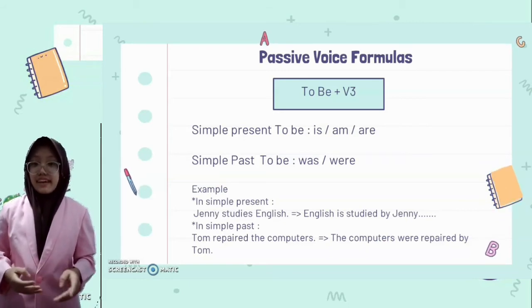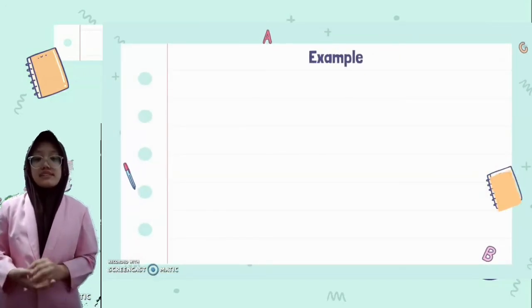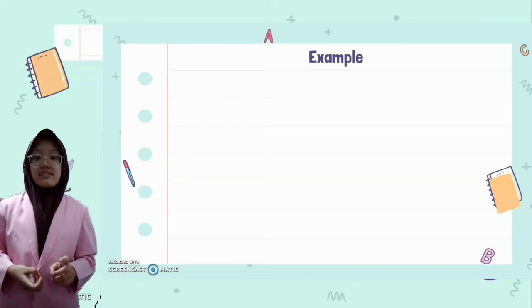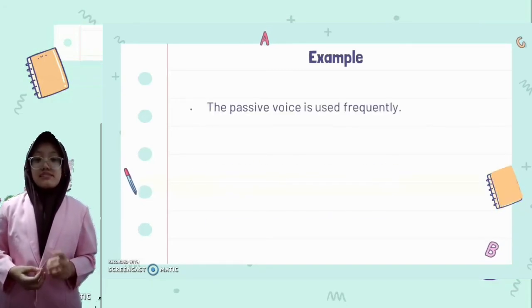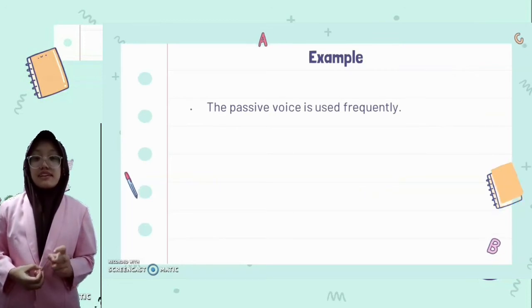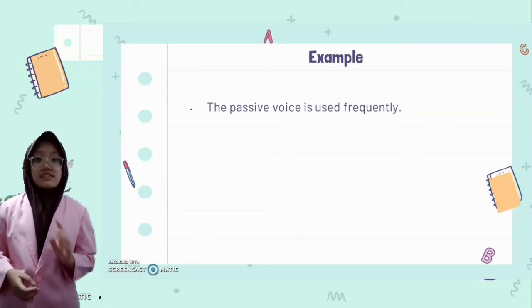Okay, next. Here we're going to see examples of passive voice. The passive voice is used frequently. We are interested in the passive voice, not in who used it.